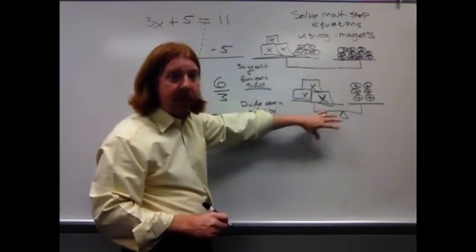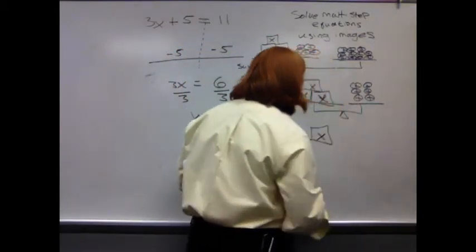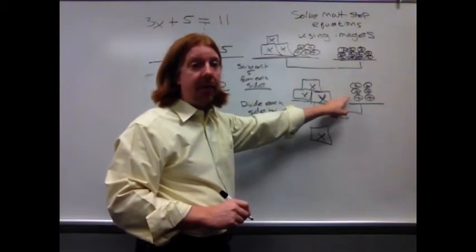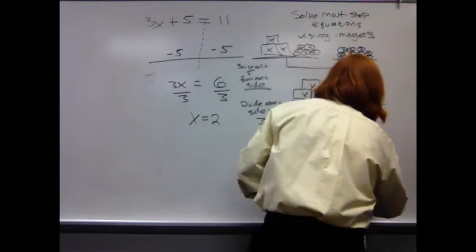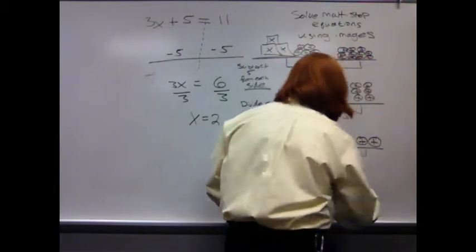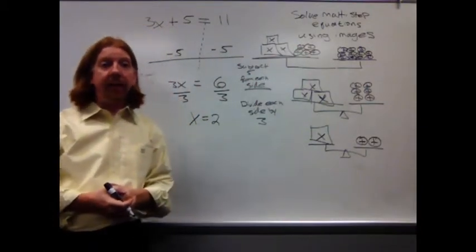So I divide by 3. 3 boxes becomes 1 box. And I cut the number of tokens over here down by a third. So 6 becomes 2. And now I can see that I've balanced my equation again.